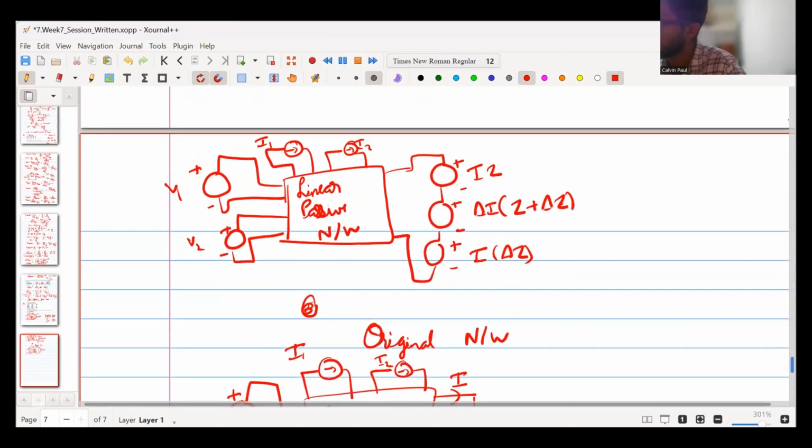So now, here if we apply superposition theorem, over here the current is actually I plus delta I, right?